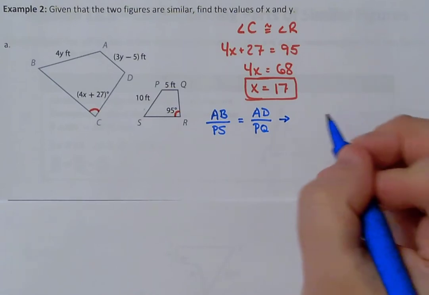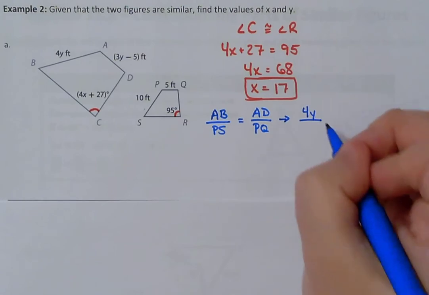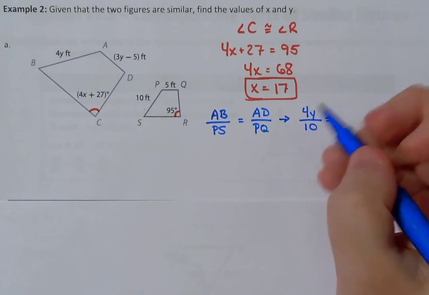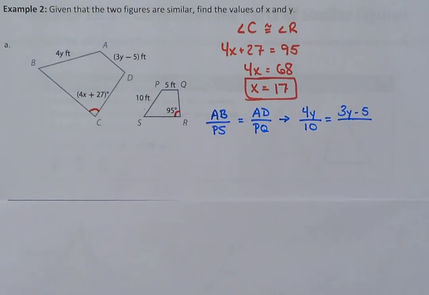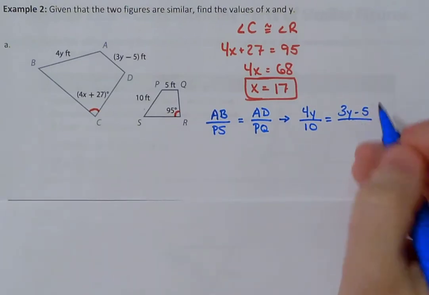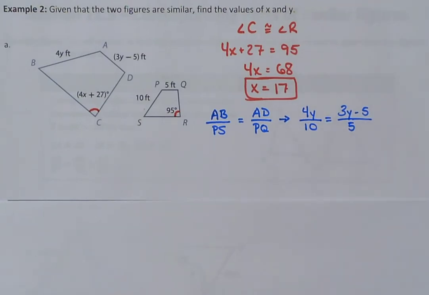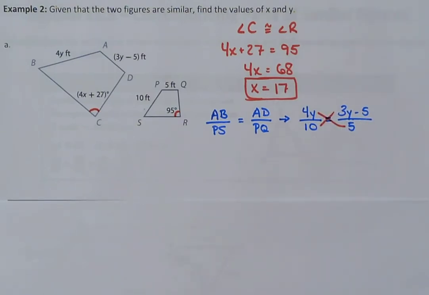So if we do that, AB is 4y and PS is 10, equals AD is 3y minus 5, over PQ, which is 5. So now that I have 4y over 10 equals 3y minus 5 over 5, all we have to do here is just cross multiply, and then we solve.